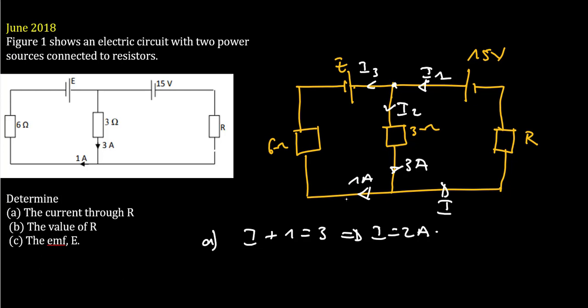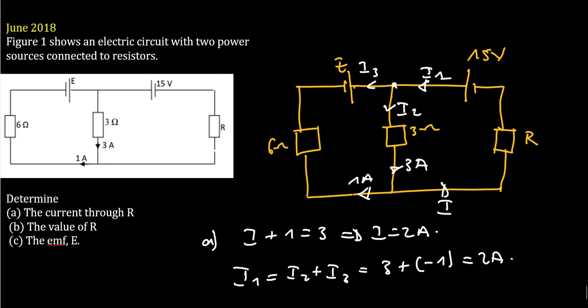So I1 from Kirchoff's current law will be equal to I2 plus I3. But the value of I3 was given, and since the direction of our current opposes this, then it's going to be negative. And our I2 follows the convention of the current given on the circuit. So our I2 is 3 plus I1, which is negative 1, which still gives 2 amperes. So you can decide to take your own orientation and apply Kirchoff's current law.